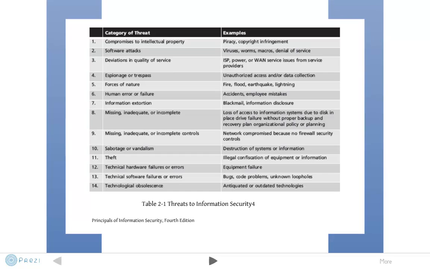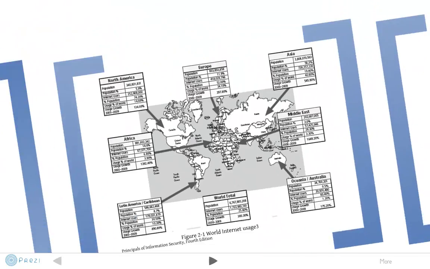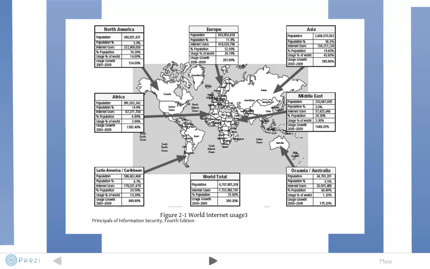All right, so threats to information security. And now, a really pretty slide showing us the use of the internet, showing the population, showing how many internet users are in place, and the usage growth. And what we'll see is that every part of the planet is growing in terms of internet usage, okay?